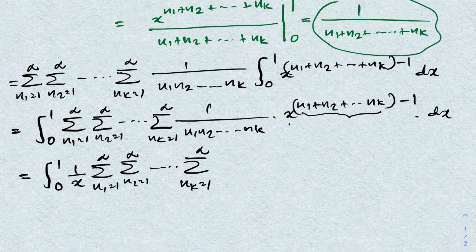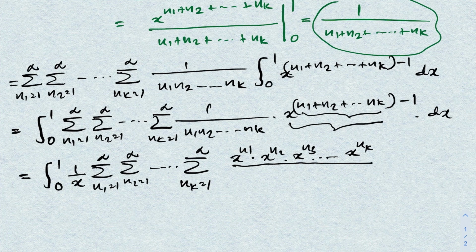Now this part we can write as x to the n1 times x to the n2 times x to the n3 times up to x to the nk, over n1 times n2 times n3 times up to nk, and finally dx.